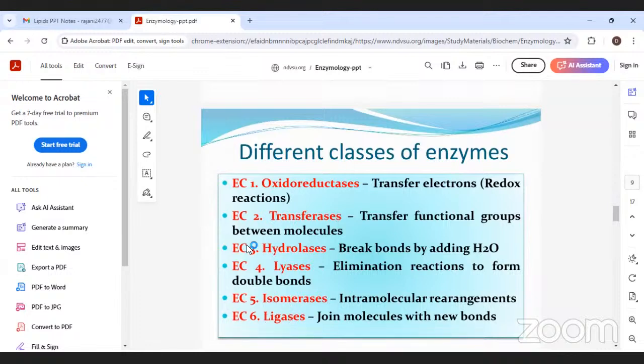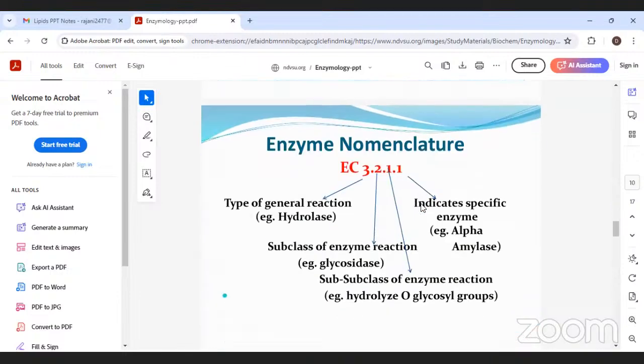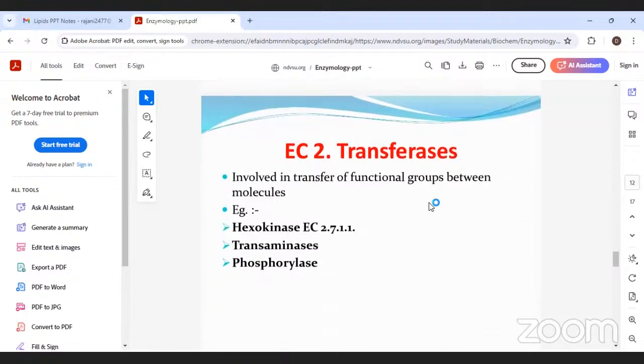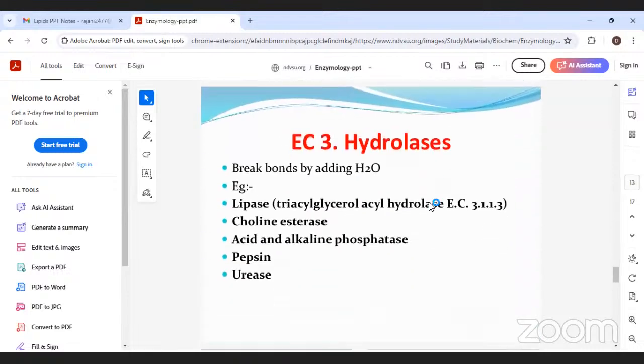Now I will explain this one, the hydrolase enzyme. The hydrolase enzyme or hydrolases, both are the same, don't confuse them.